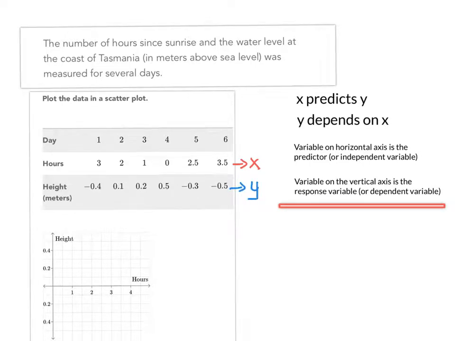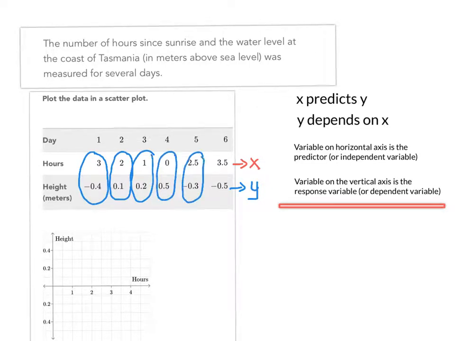Okay, so let's take a minute and let's plot these points. I'm actually going to just kind of circle them so we know which ones go together. Okay, so it looks like 3 hours after sunrise, the height of the water was 0.4 meters below sea level.